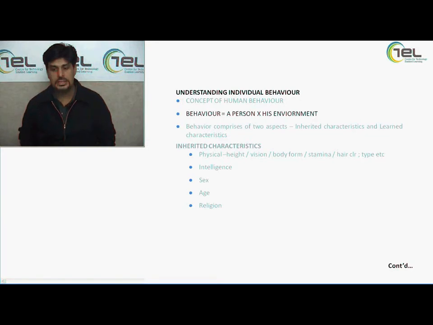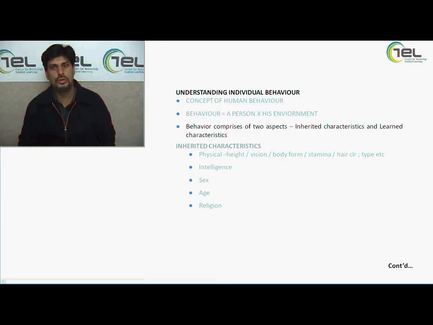We are going to look at the basic characteristics which make behavior what it is. Broadly, we divide the characteristics of behavior into two parts: one, the inherited characteristics, and the second, the learned characteristics.